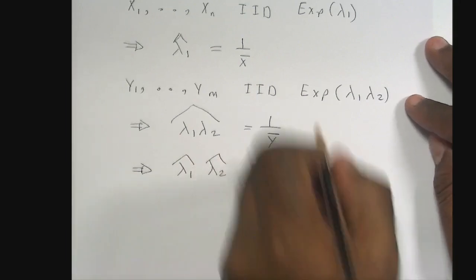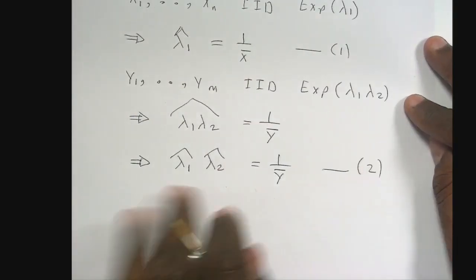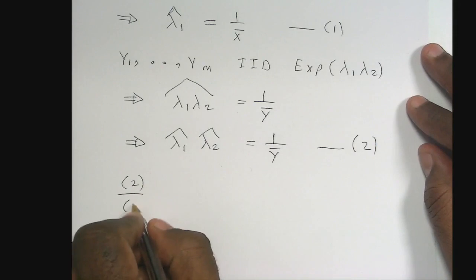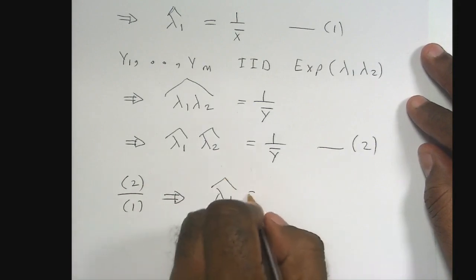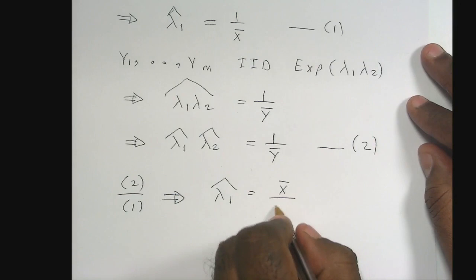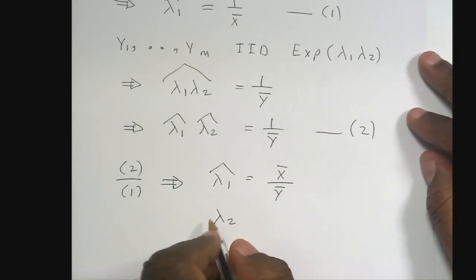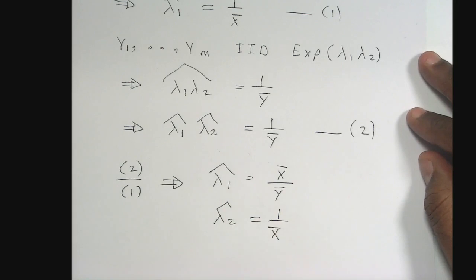Now call this equation 1, call this equation 2. If you divide equation 2 by equation 1, you will get lambda 1 hat equal to x bar divided by y bar. And lambda 2 hat is of course 1 divided by x bar.